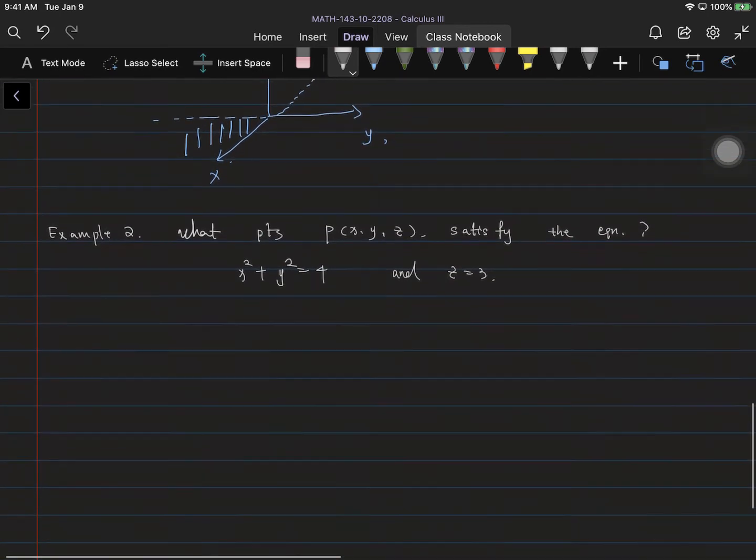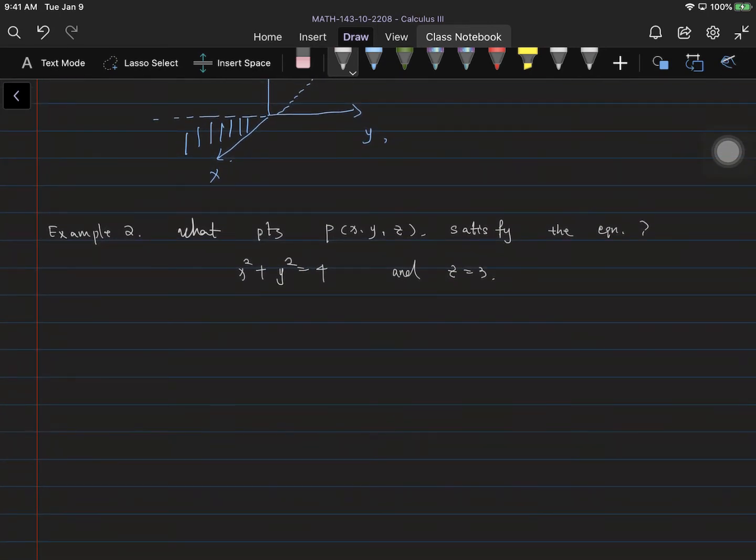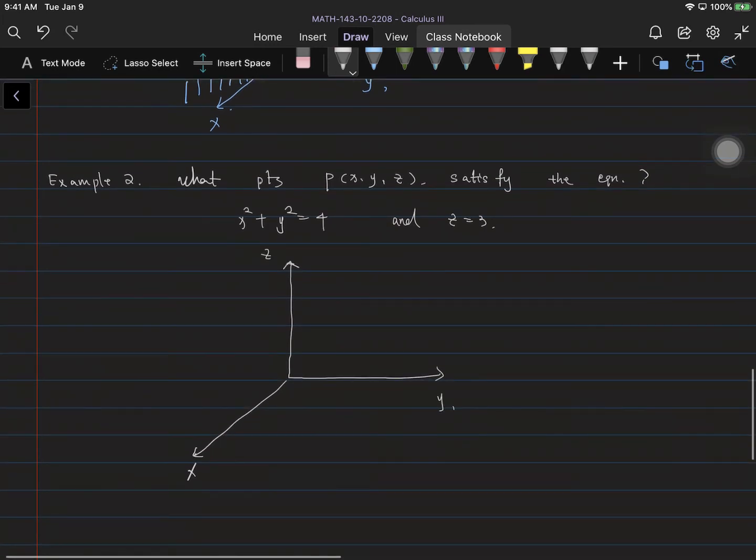Firstly, let's take a look at x squared plus y squared equals 4. What's the meaning of that one? Because we want to see what this looks like, we want to draw the three-dimensional space x, y, z. Okay. So right now we are going to do everything just in 3D, not 2D.